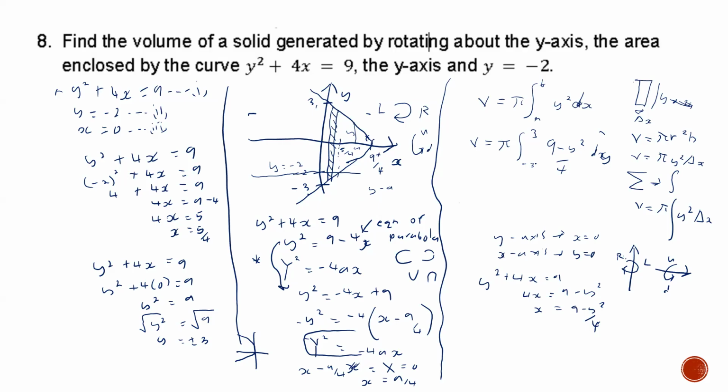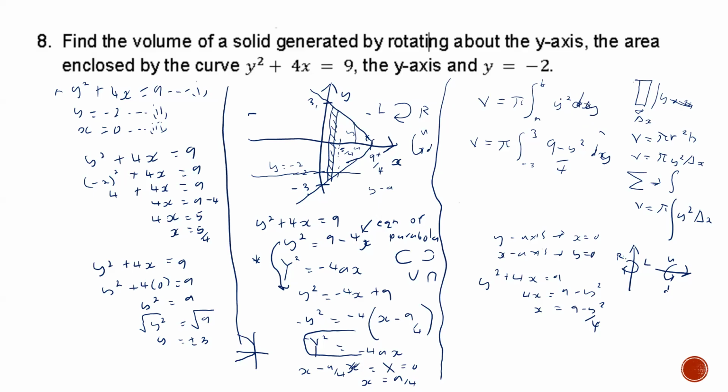Excuse me. Yes, please. For us, the way we are told, we are given the formula for finding the volume rotating about the y-axis as volume is equal to pi integral of x squared with respect to y, dy.